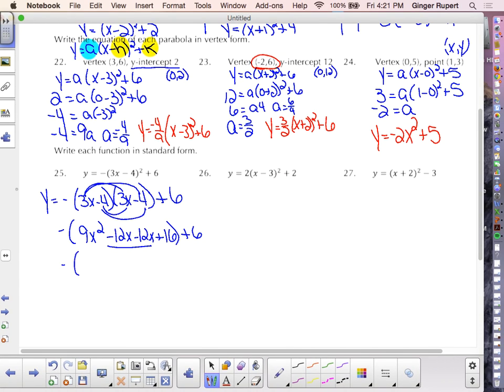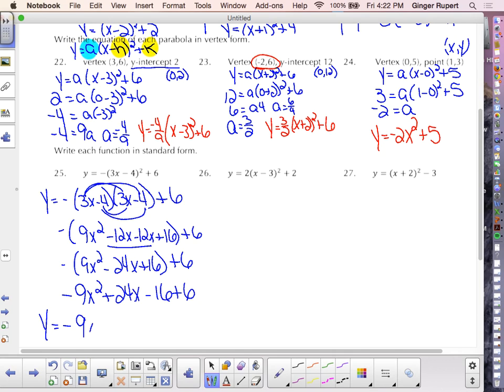So negative 9x squared minus 24x plus 16 plus 6. Adding that 6 is the last thing you're going to do. Distribute the negative sign: negative 9x squared plus 24x minus 16 plus 6. Combine like terms, you have y is equal to negative 9x squared plus 24x minus 10.